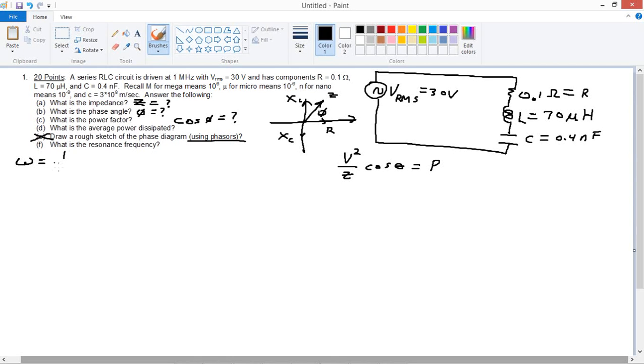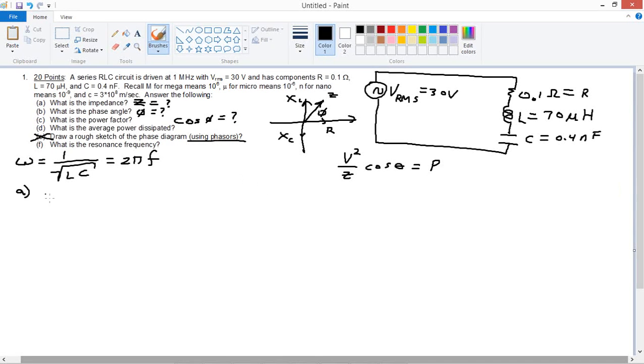a lot of physicists like omega. So omega equals 2 pi f equals 1 over root LC. Okay, we've got our formulas. It's plugging and chugging now.